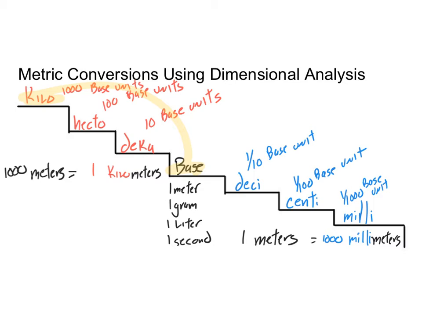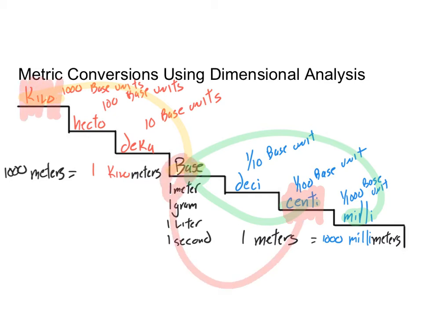I know that I'm comparing centi and milli, and we can do it in a couple of ways, but I'm going to do it taking centi to the base unit and then the base unit back to millimeters. I'm going to start here at centimeters, and I want to get to kilometers. The only way for me to get there is to travel through my base unit and then to the kilometers. So this tells me it's going to be a 2-step.